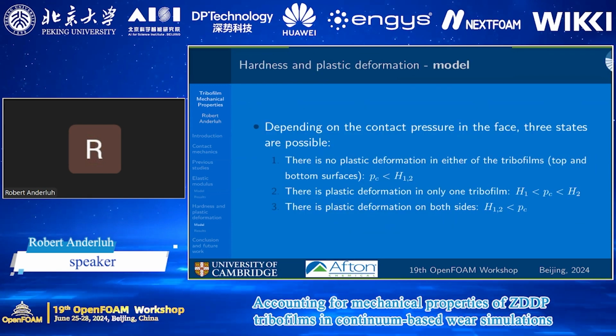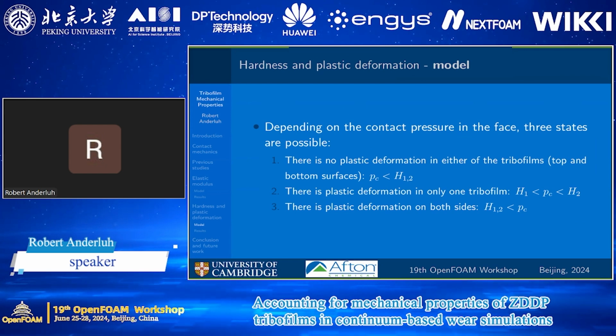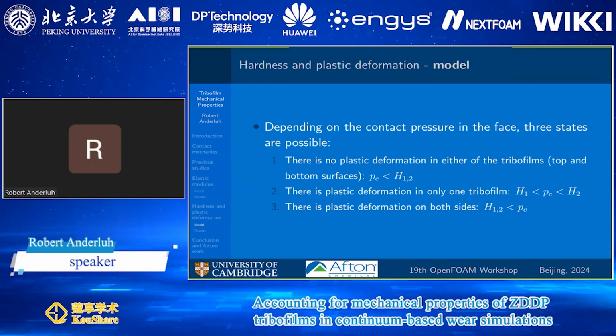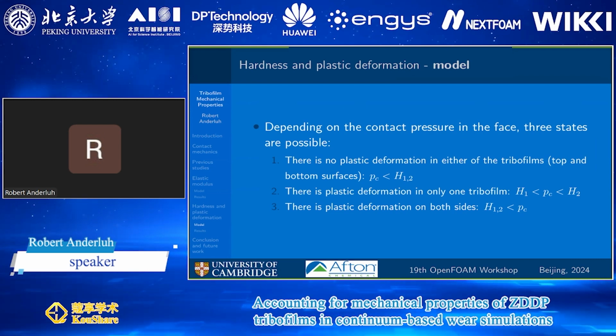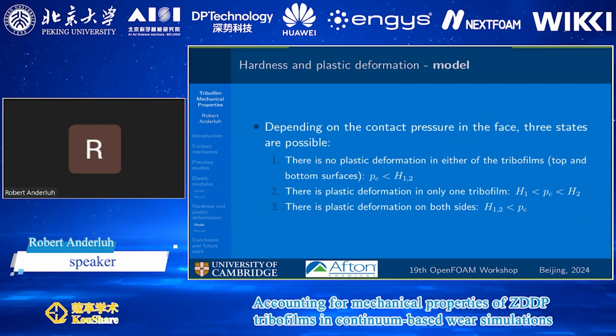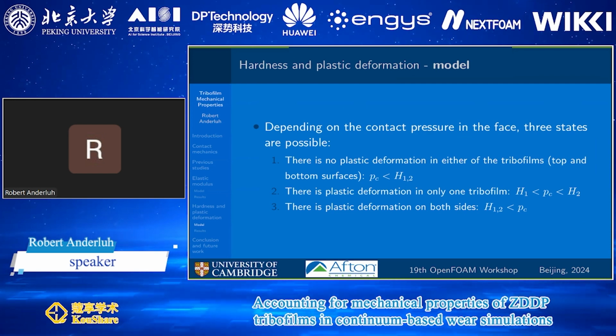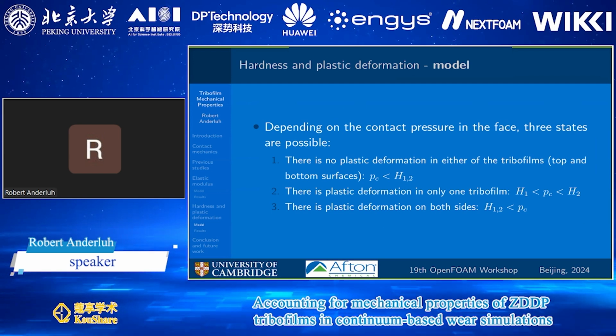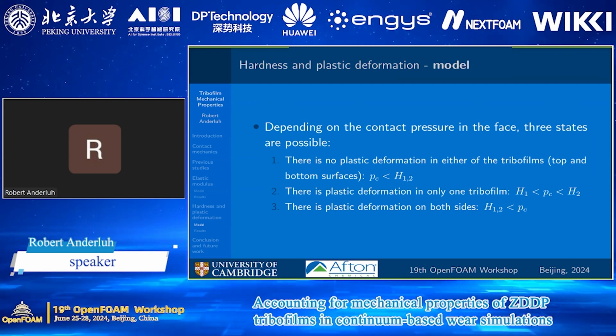Regarding the hardness and plastic deformation, once we have a contact solution, we have a contact pressure field in the domain. If we go along the domain and look at each phase, depending on the contact pressure in the phase, 3 states are possible regarding plastic deformation.